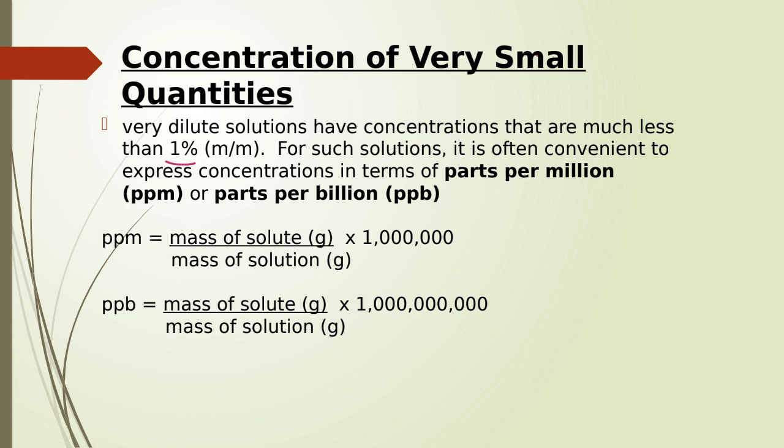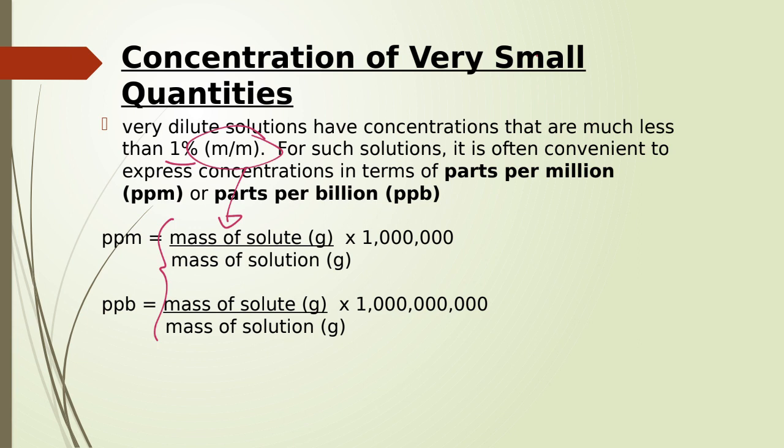So what we often do is we use units called parts per million or parts per billion. You've probably heard of this. ppm especially is more common out of the two. And if you notice the formula, it's very similar to a percent mass, right? So we're taking mass of solute divided by mass of solvent or solution, and it's the same for both of them.